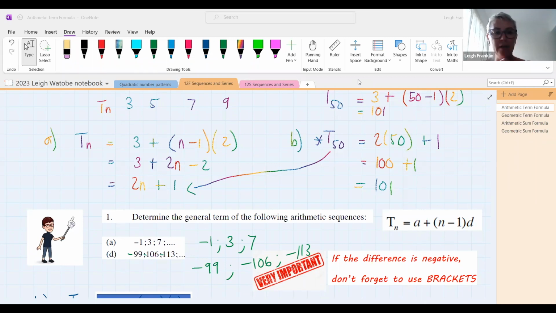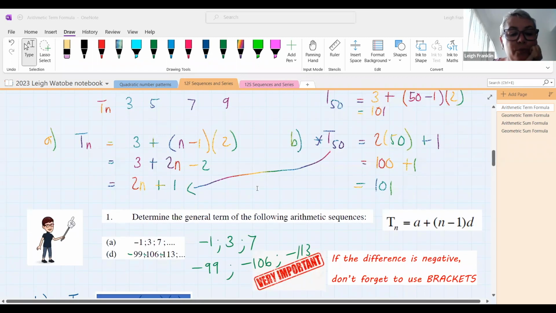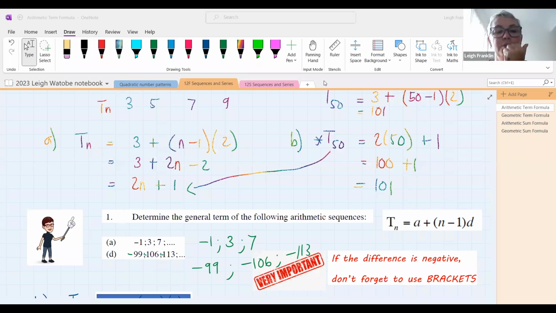Okay, Kamchelo, you say you've got 4n minus 5 in number 1. Is that wrong? No, it's not wrong. Good, well done. You guys are flying through this.